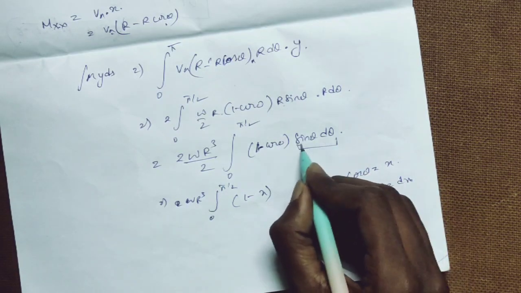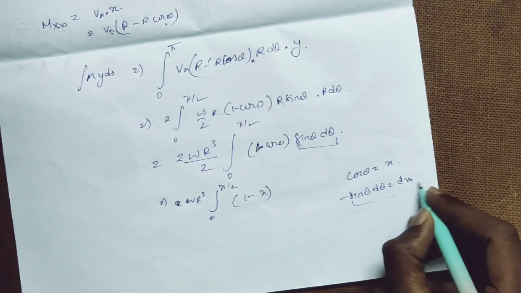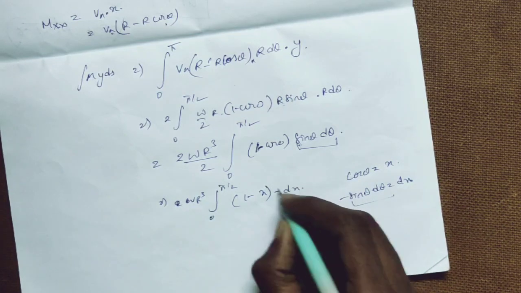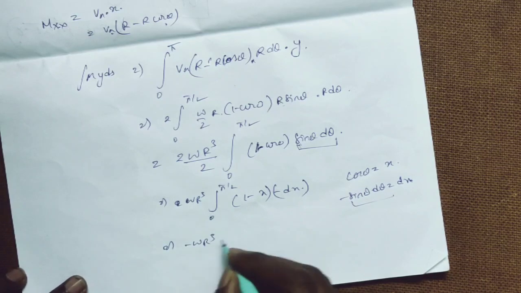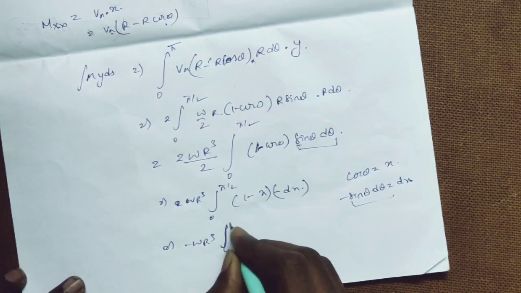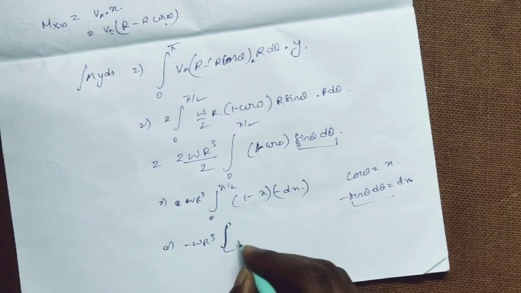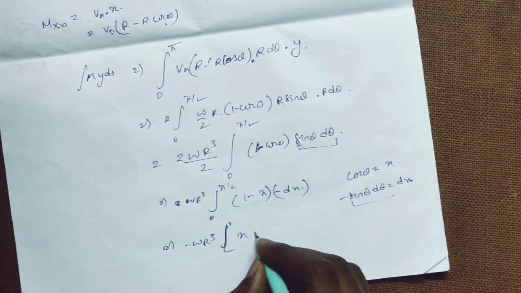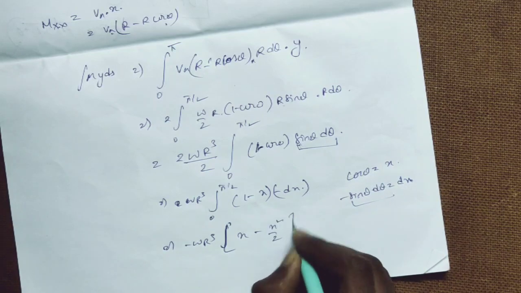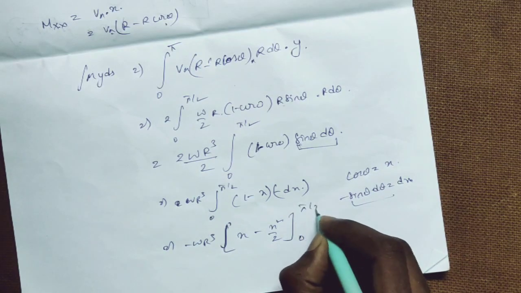We can write sin theta d theta as minus dx, so we can integrate this. Integration of 1 is x, and integration of x is x square by 2. We're going to put the limits.